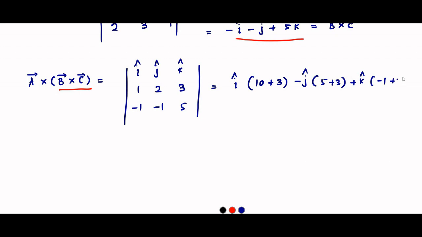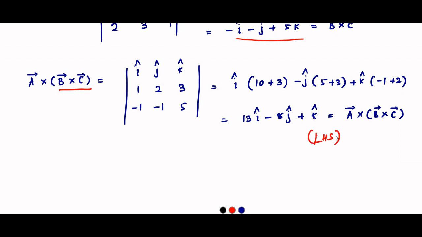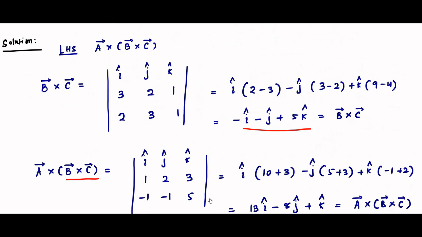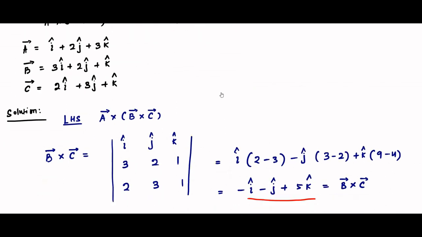So this is equal to 13 i cap minus 8 j cap plus k cap. We have calculated a vector cross b vector cross c vector. This is LHS. Now we will see whether it is also equal to the RHS if we do it this way, that is the BAC CAB thing.